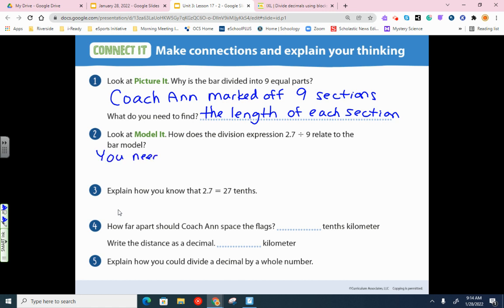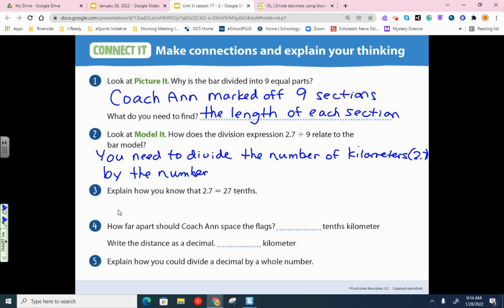You need to divide the number of kilometers, which are 2.7, by the number of sections, which is 9.